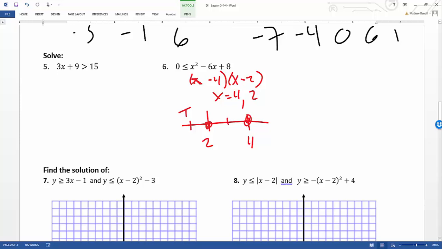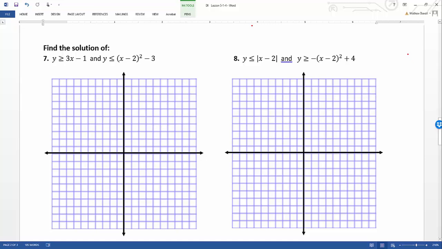If I plug in 3, that's going to be a negative number, so that's going to be false. And then testing 5, yep, that's going to be a positive number. A positive number is always greater than 0, so that's true. And so my answer, I can say negative infinity to 2, union from 4 to infinity.